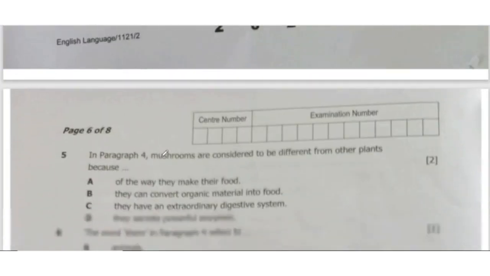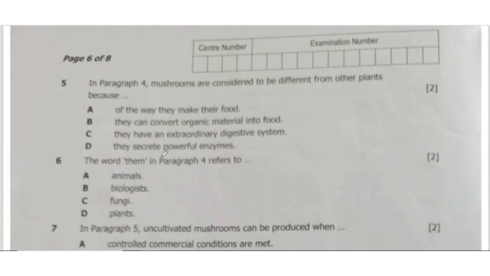Okay, we go to 5. In paragraph 4, mushrooms are considered to be different from other plants because of the way they make their food. They can convert organic materials into food. They have an extraordinary digestive system.